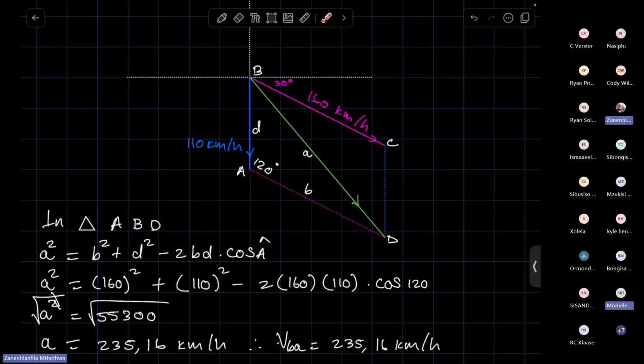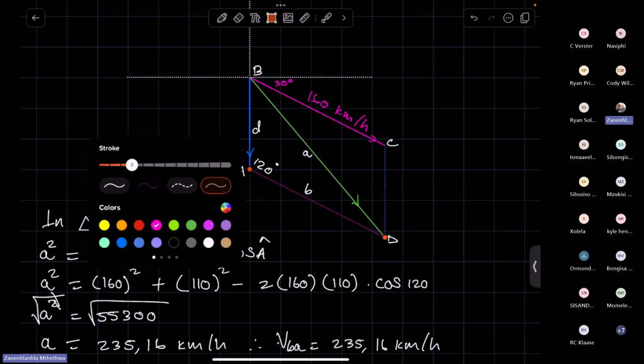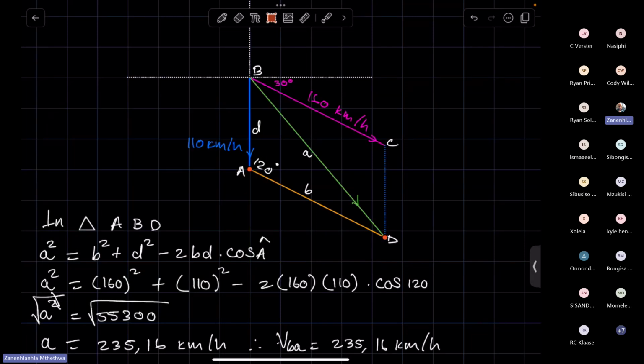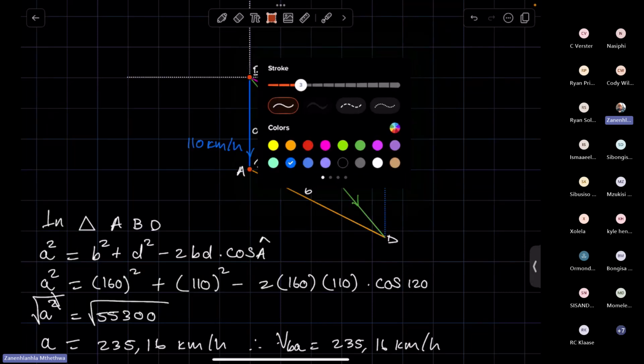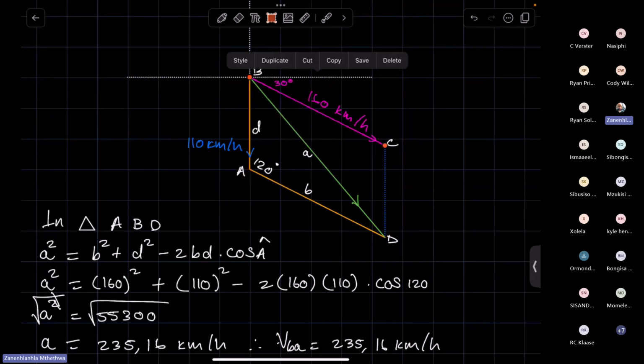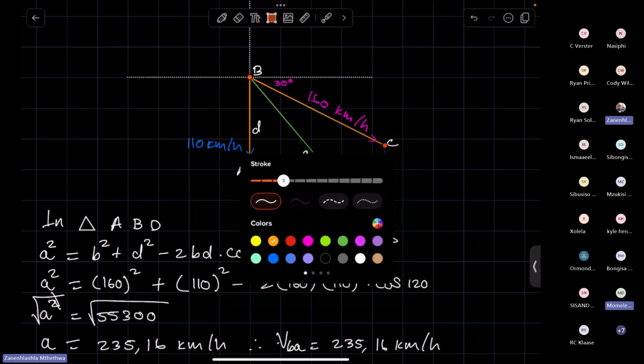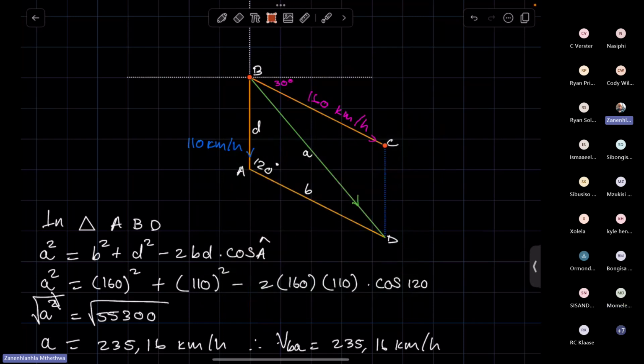And then I made note of the fact that if you look at this here, let me make this orange, you essentially have a U there.